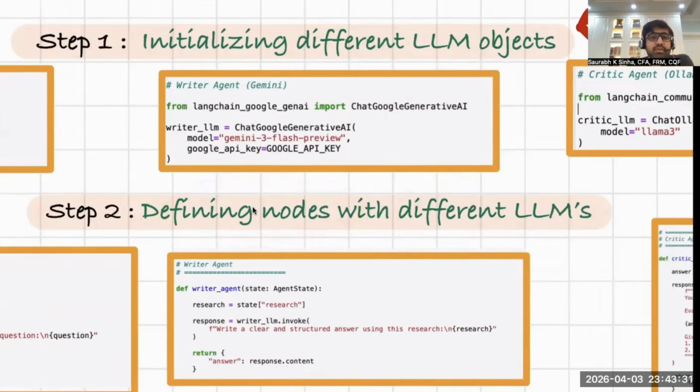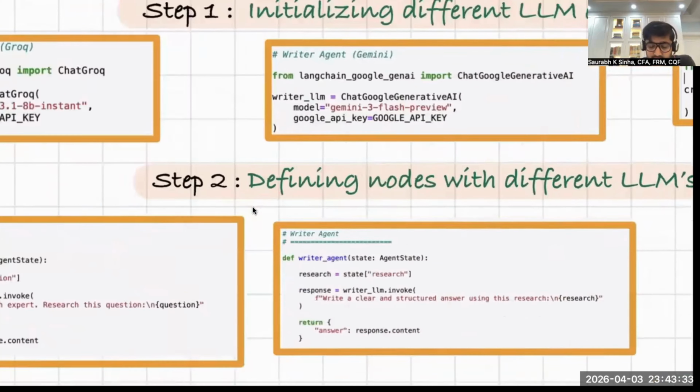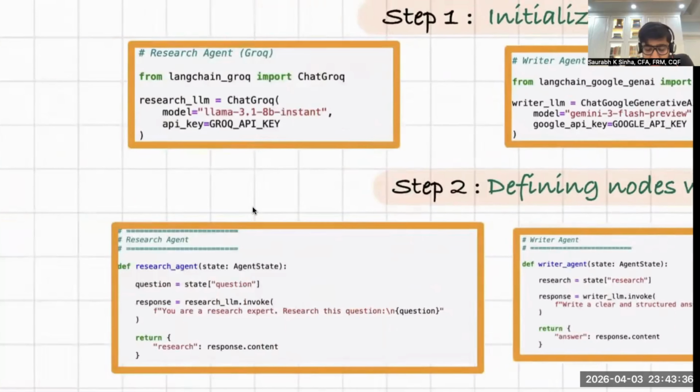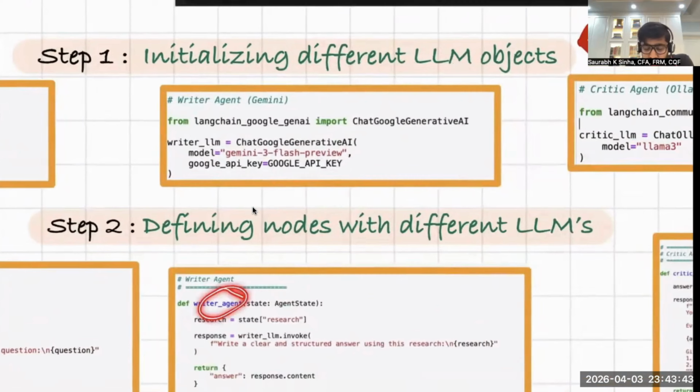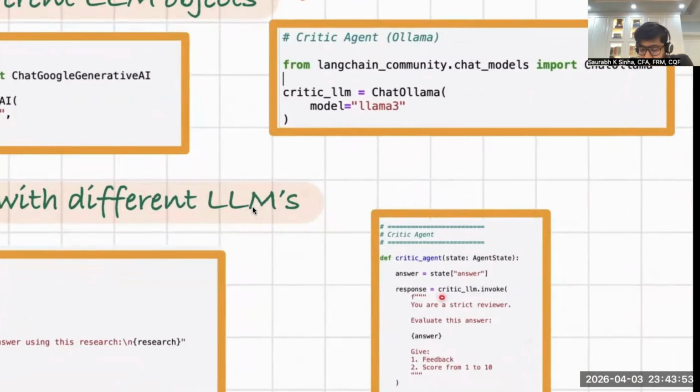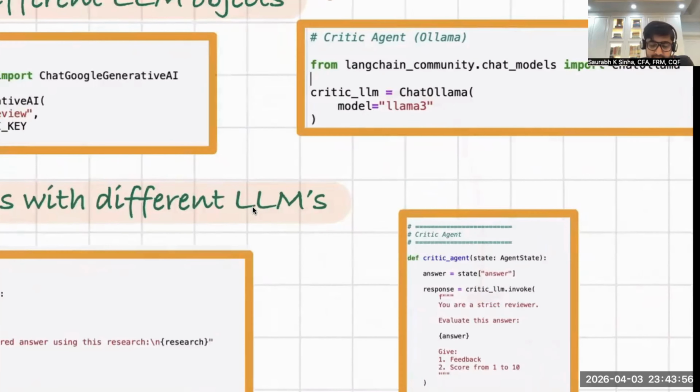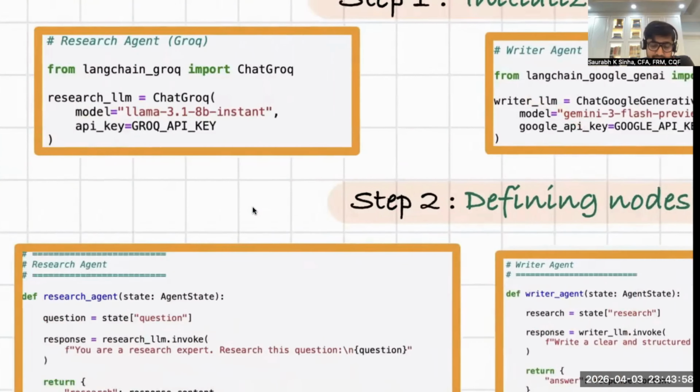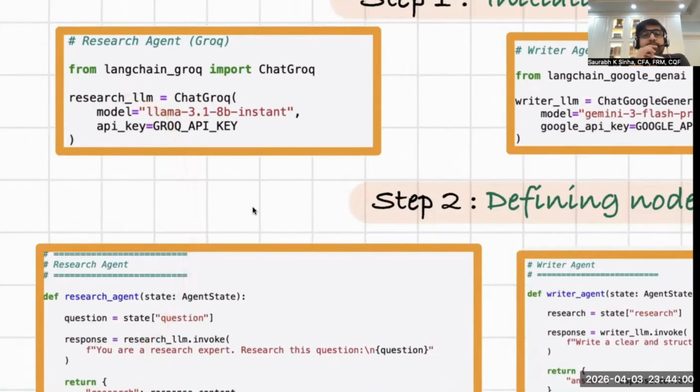When you're defining the nodes, for the research agent node, I'm invoking the research LLM. Inside the definition of the writer agent node, I'm invoking writer_LLM. And for critique, the critique LLM.